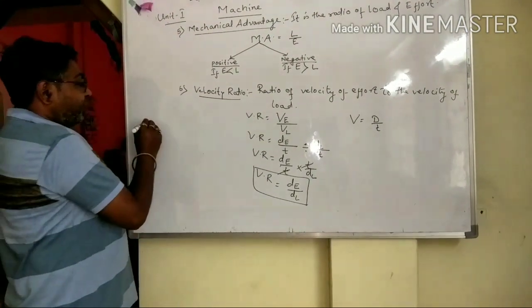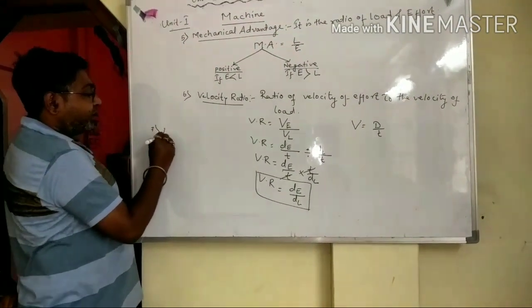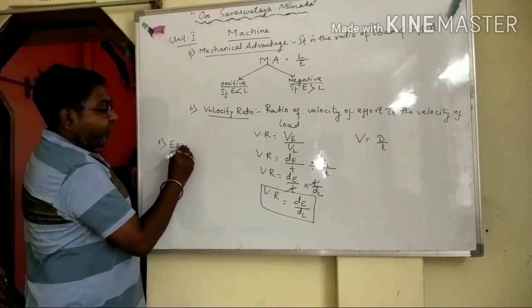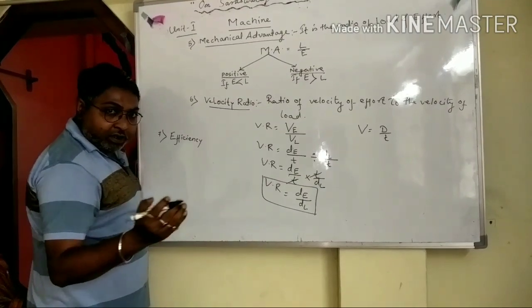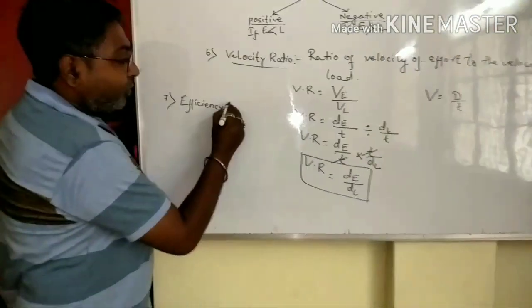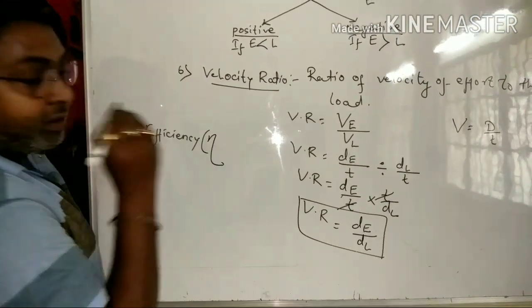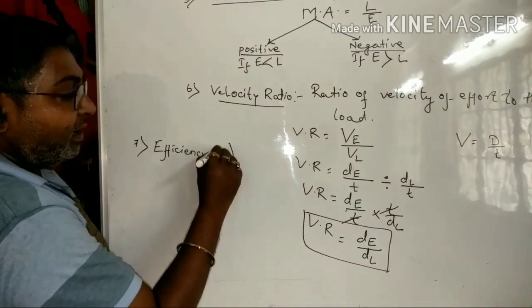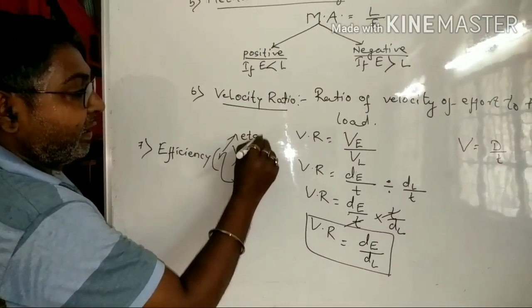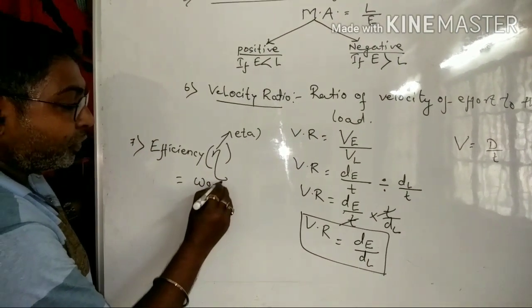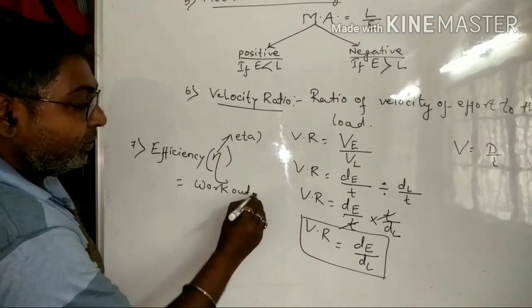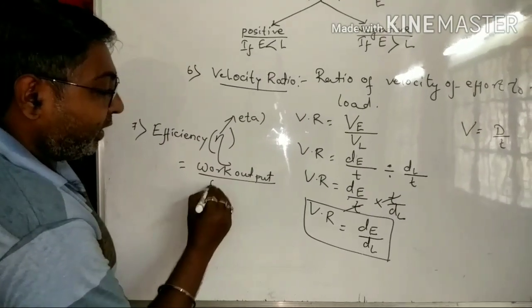The last definition is efficiency. It is denoted by this symbol, known as eta. So efficiency is nothing but the ratio of work output by work input.